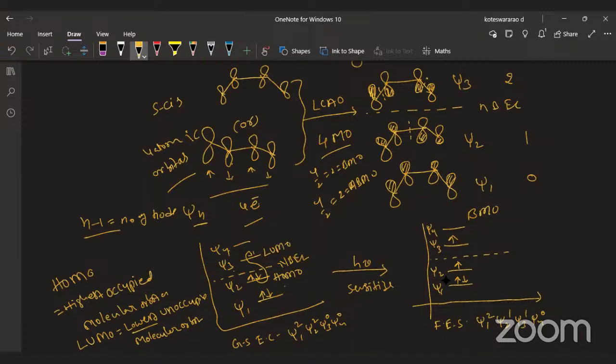This is the HOMO, this is the LUMO. On irradiation, the electron is excited from HOMO to LUMO. At the ground state, HOMO is psi2 and LUMO is psi3. After irradiation, it reaches the first excited state. What is the first excited state HOMO? The occupied highest energy molecular orbital. What is LUMO? The empty orbital that has the lowest energy.